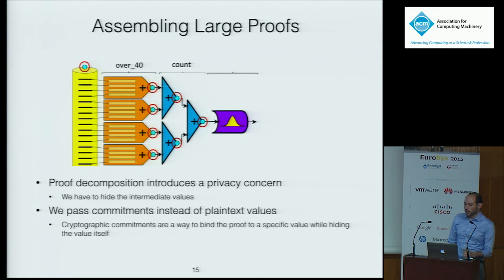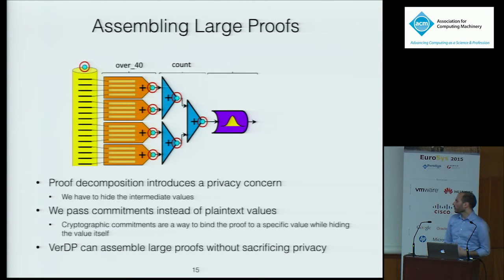By passing commitments instead of plain values, the researchers are able to prove that the output of one tile is indeed the input to the next tile without having to reveal the actual value. This way, VerDP can assemble very large proofs without sacrificing privacy.